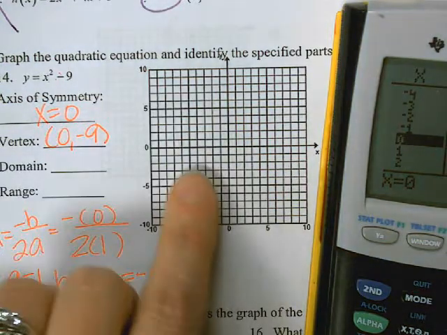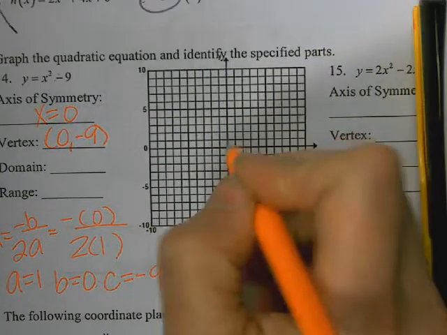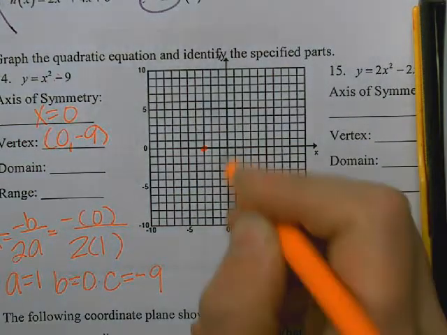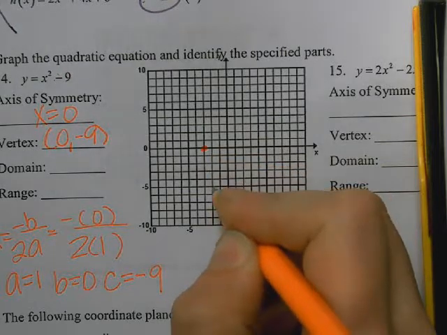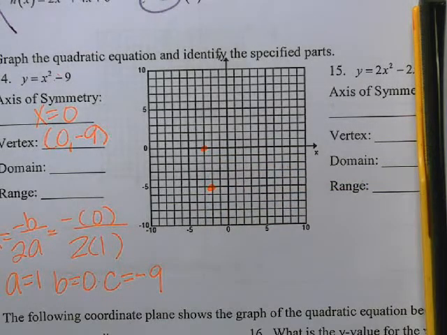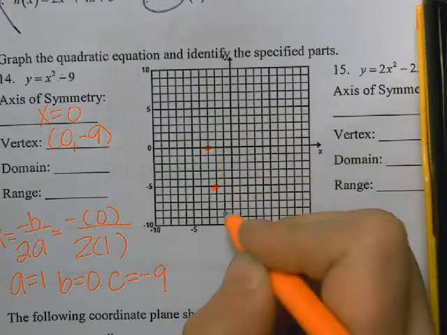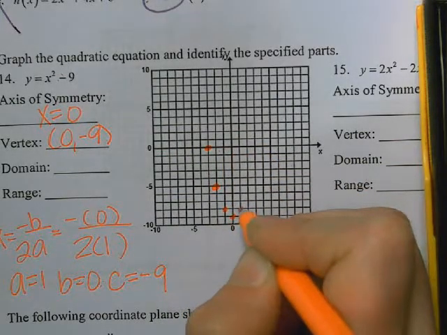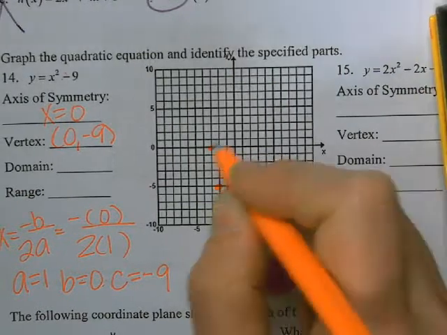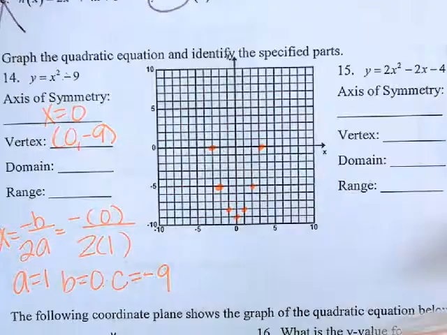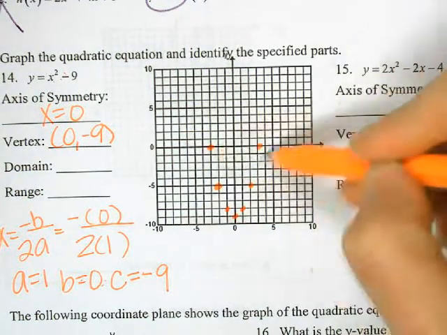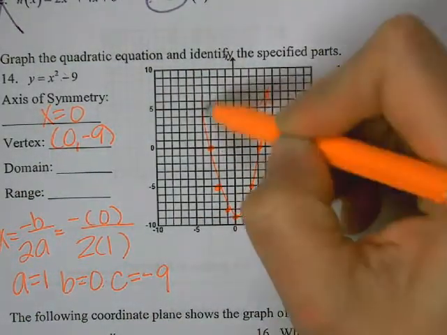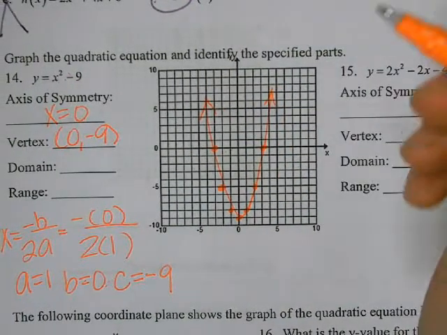And then you just plot these points from your table. So (-3, 0), (-2, -5), (-1, -8), (0, -9). Now to get the other side so quickly, I just did my matching points, okay? You could just follow along with the table if you needed to.